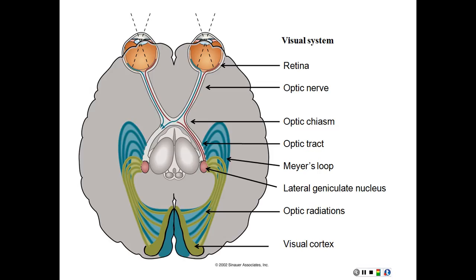The neurons within here have these two major sets of loops or radiations. So we've got this Meyer's loop and we've got these optic radiations. And these are really just nothing more than axons projecting back onto the visual cortex. And then on the visual cortex, we have this segregation now between the upper part and lower part of the eye, and already we've actually got left and right going on. So how do we have left and right going on?